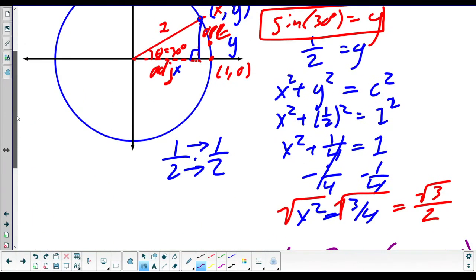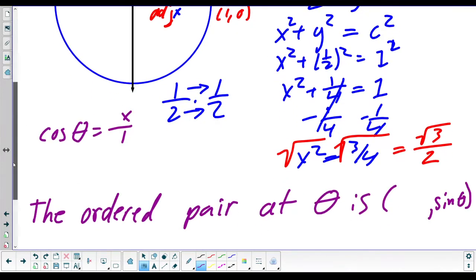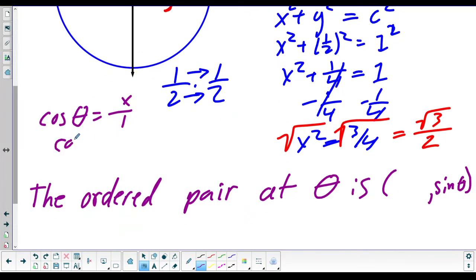And we could do the same thing to solve for this side. We just picked to solve for this side first. If we set up the adjacent side, that'll be cosine. It'll be cosine of theta equals adjacent, which is x, over our hypotenuse, which is 1. So you can see that cosine equals x.